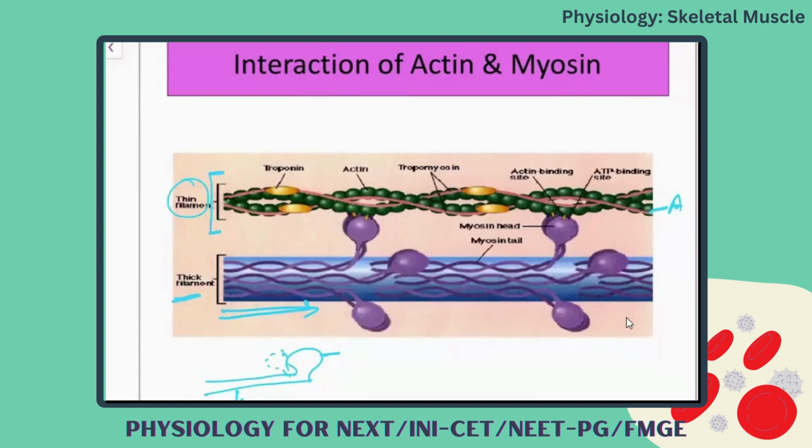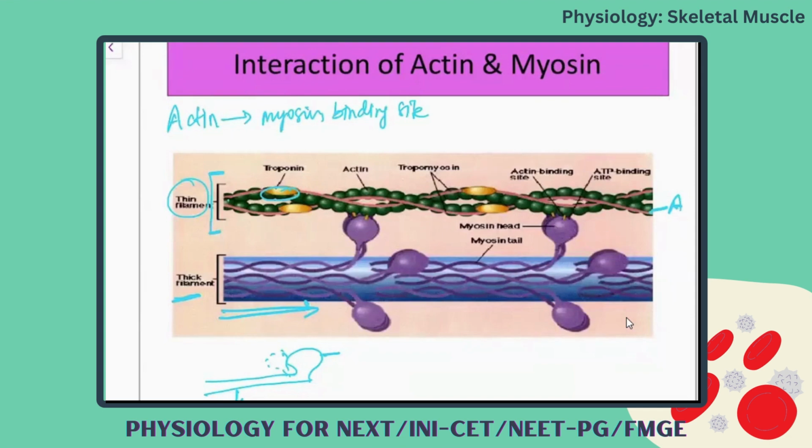And this actin is like a bead-like structure, and then tropomyosin, and in between you have troponin. So in the actin, you have a site called myosin binding site.